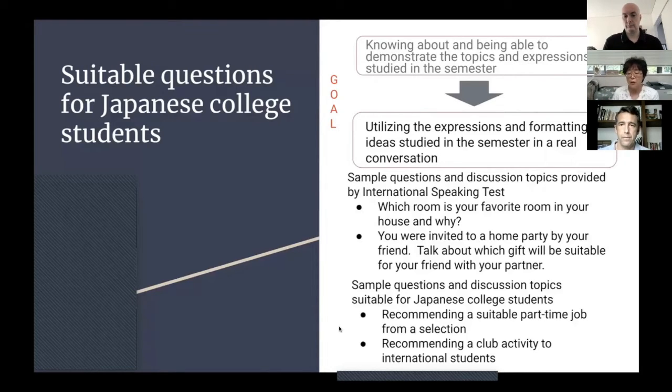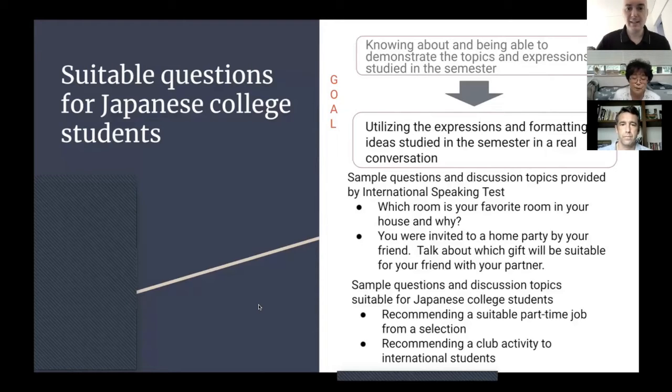Well, paying higher, or closer to the campus, and things like that. And recommending a club activity to international students. They want to make friends. Japanese level is not much required. Okay, how about this? How about that? And we give the activities to choose from. So these kinds of questions will be more suitable for our students, we think.